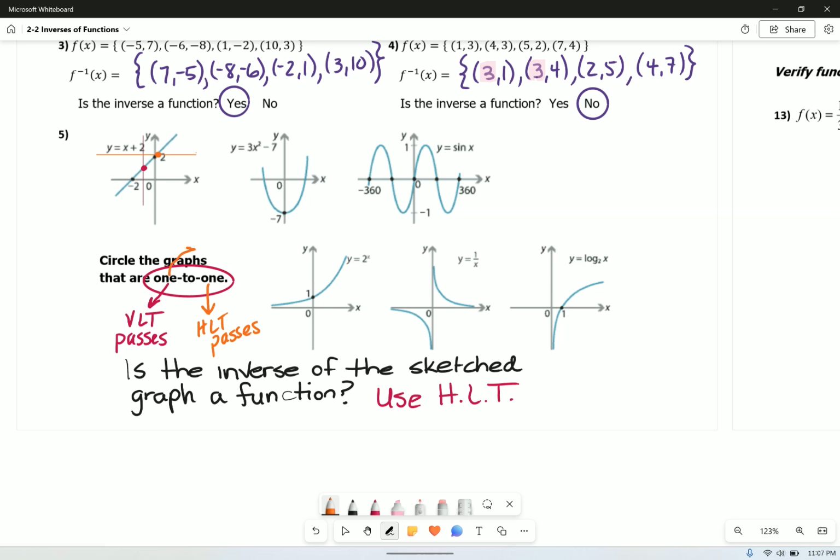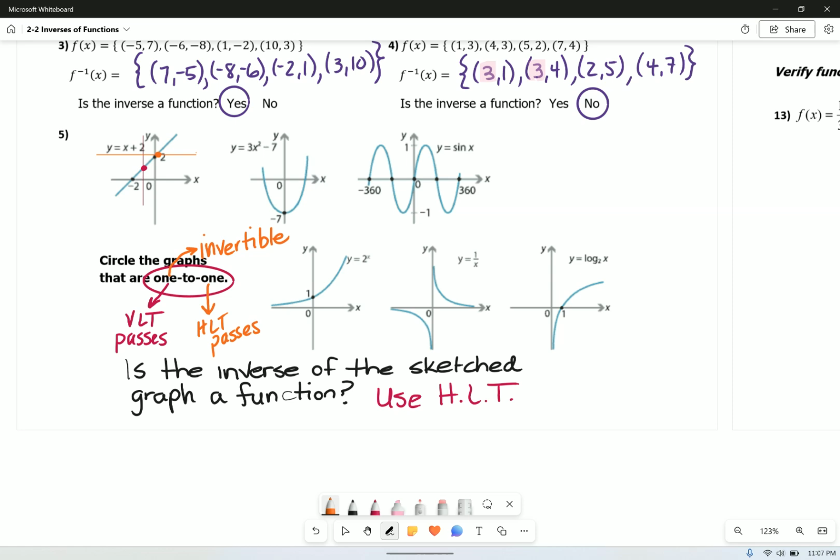And 1-to-1 is just a synonym for invertible, which means that the inverse graph, which we have no idea what it looks like, is a function. So if it passes the one-to-one test, by passing the vertical and the horizontal line test, we know that the inverse graph is a function.